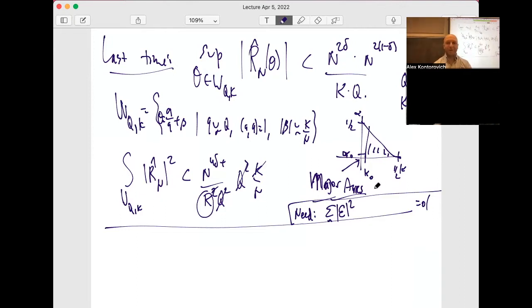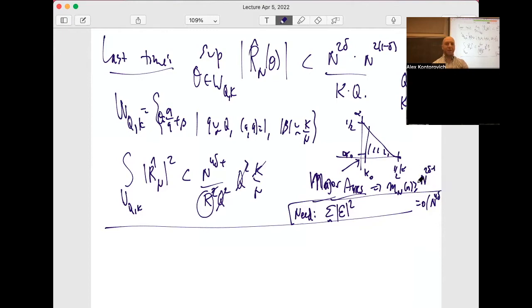So the major arcs will tell us that the main term for a given number n is at least some singular series. Let's pretend that singular series is 1, times n to the 2 delta minus 1, plus some errors that are acceptable. So let's just be crude. Okay, this is the correct multiplicity.